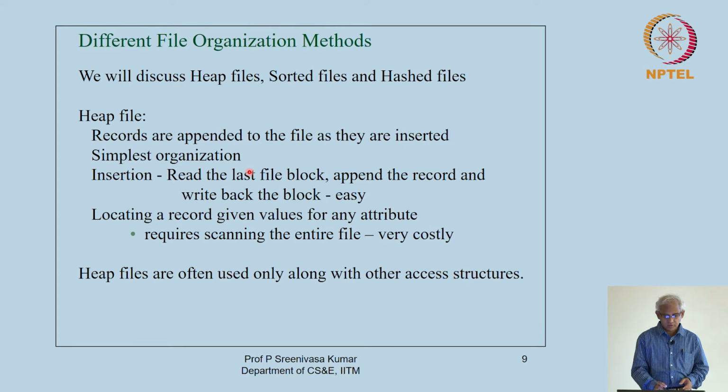A heap file is a file that doesn't really have much of an organization. Records are appended to the file as they are inserted. It is just an append only kind of thing. This is the simplest of organizations. You don't have to think anything about it. You get a new record, go and add it at the end of the list of records that we have.